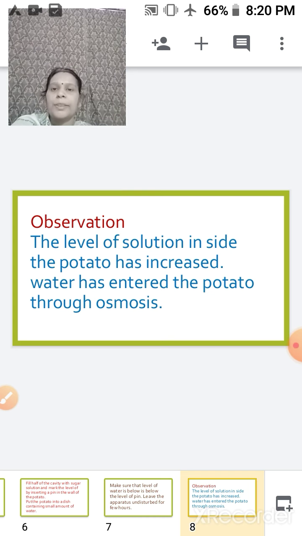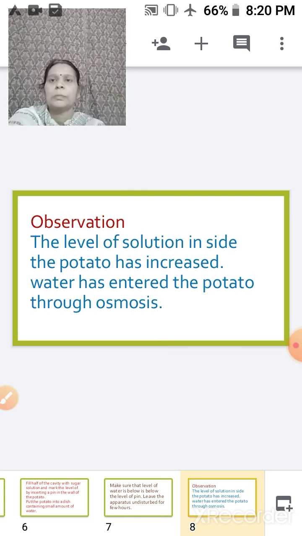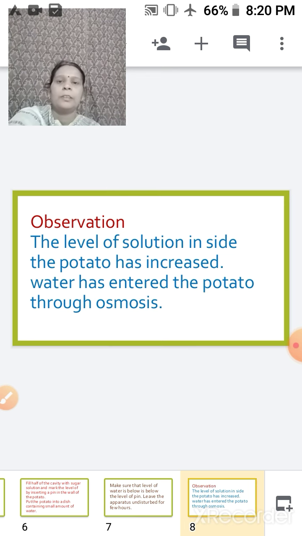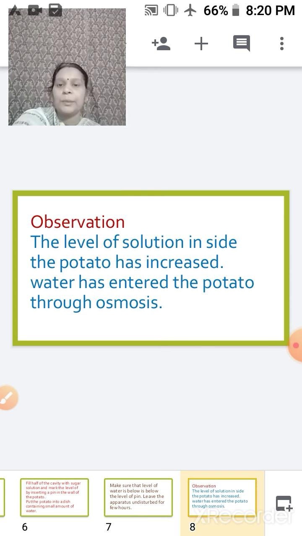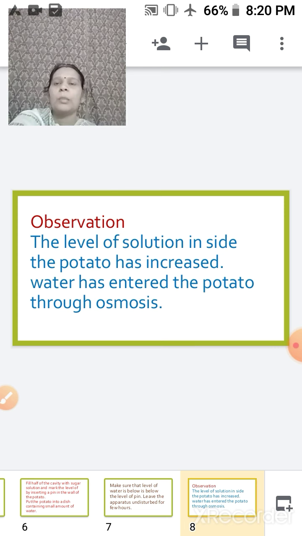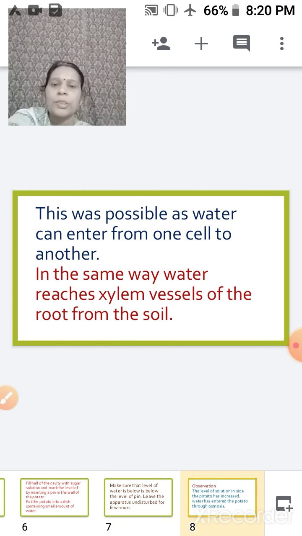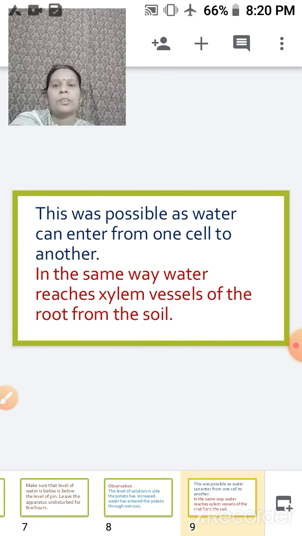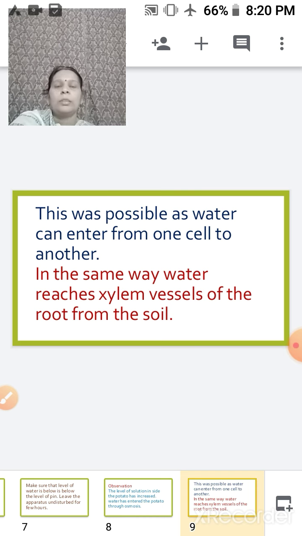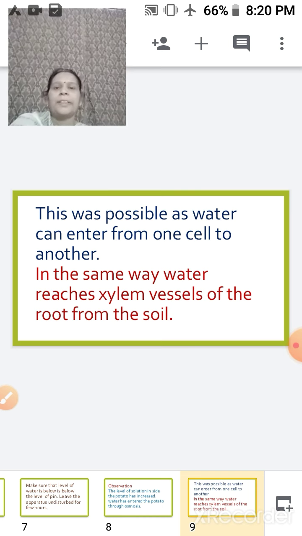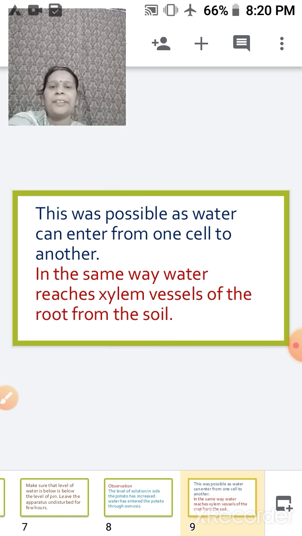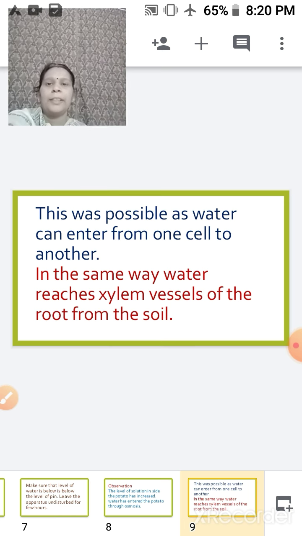After a few hours, what is the observation? The observation is that the level of solution inside the potato has increased, and the water has entered into the potato through the process of osmosis that I just now taught you. This was possible, as I said, because water can enter from one cell to another.